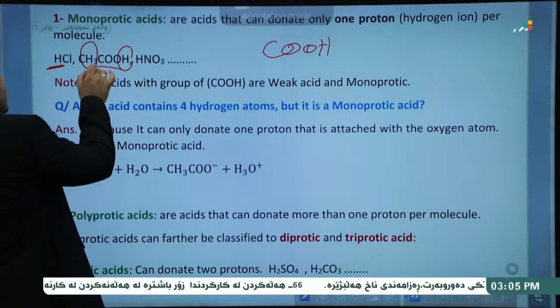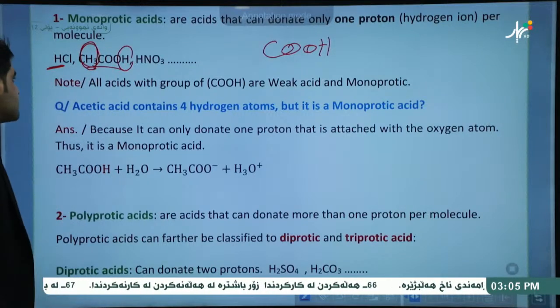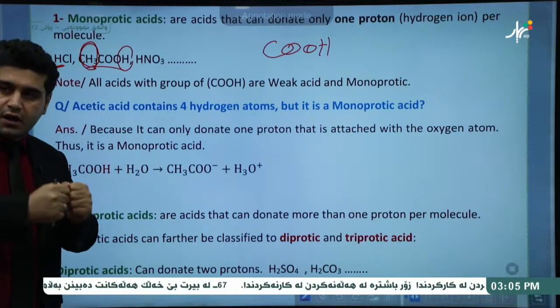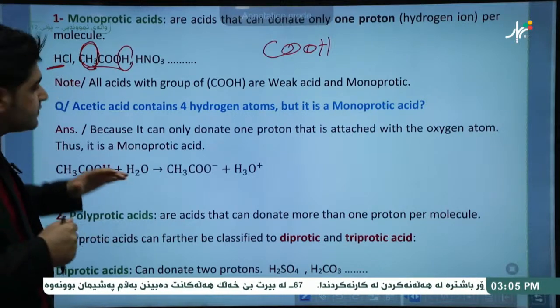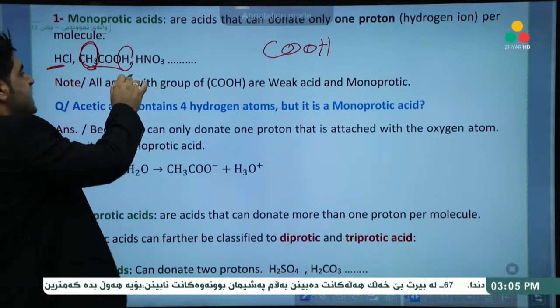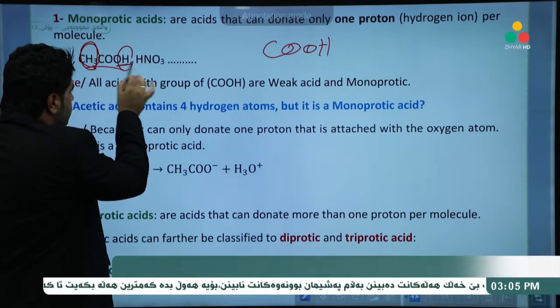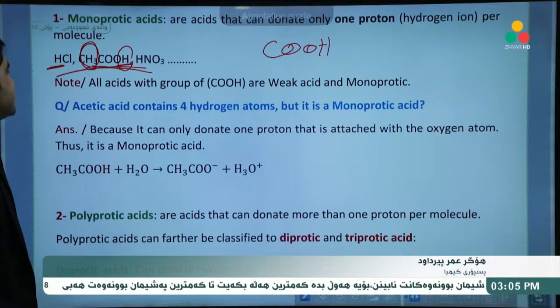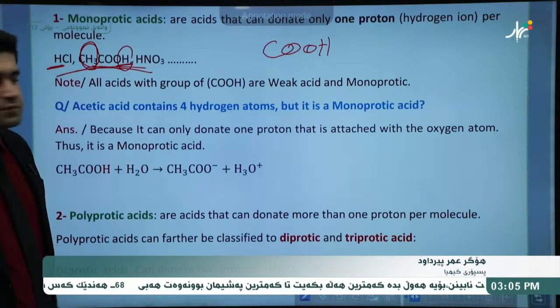So what about those 3 hydrogens? They are bonded to that carbon with a strong covalent bond. They cannot be released. That's why the only ionizable hydrogen is that one. So we classify acetic acid as a monoprotic acid.